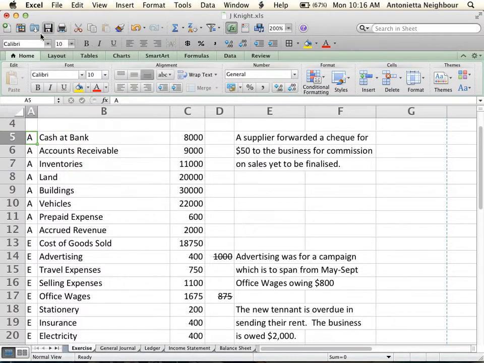Which ribbon are you in? Are you in the home ribbon? Yeah, it's on the right. All right, so for those of you using a Windows machine, it's in the home ribbon. So this is a ribbon here. So the sorting should be there.